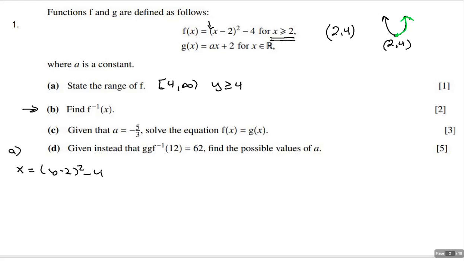So, for example, had this looked like x squared minus 4x plus 4, we would have had to put it in vertex form before we tried to find the inverse of it. However, they were nice enough to give it to us in vertex form.